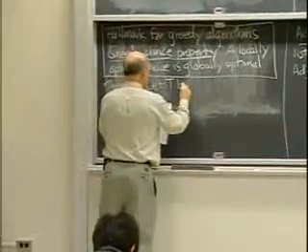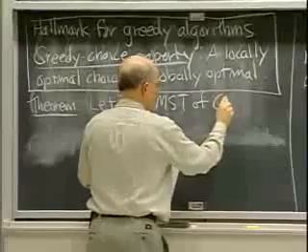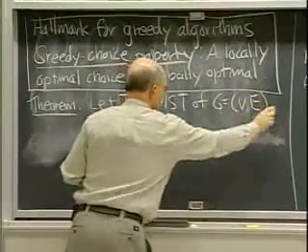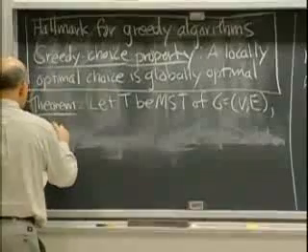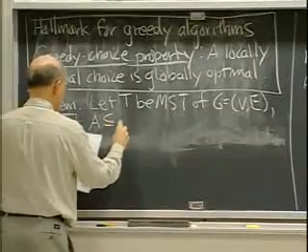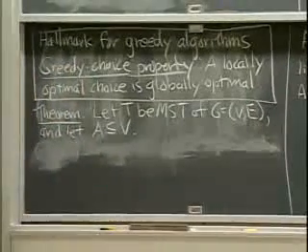Let T be the MST of our graph. And let A be any subset of V, so some subset of vertices.